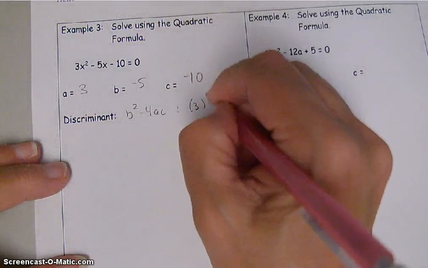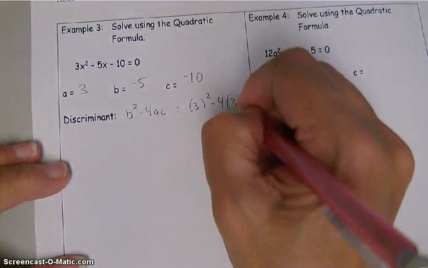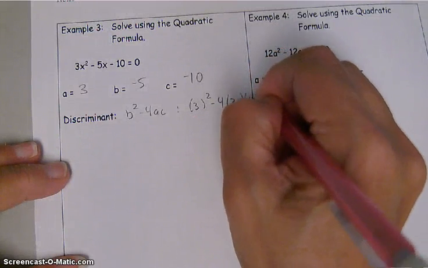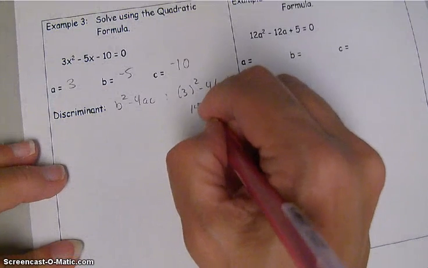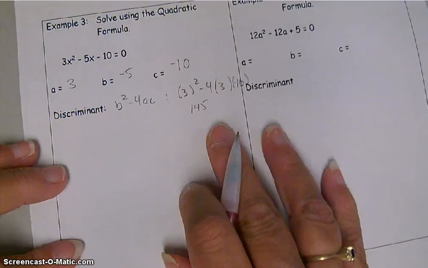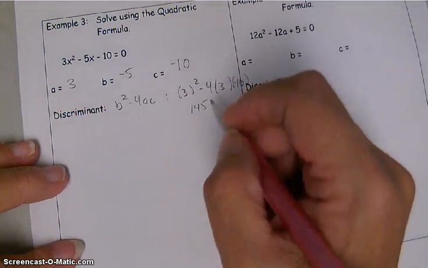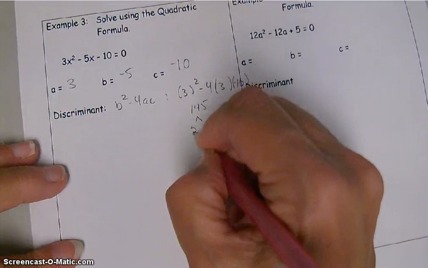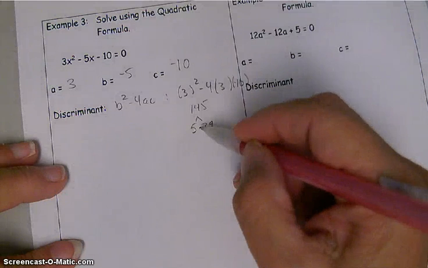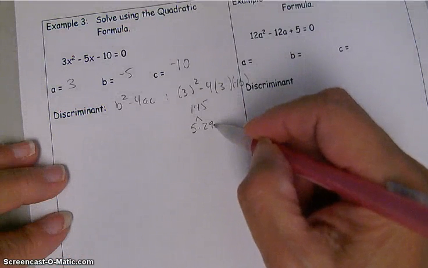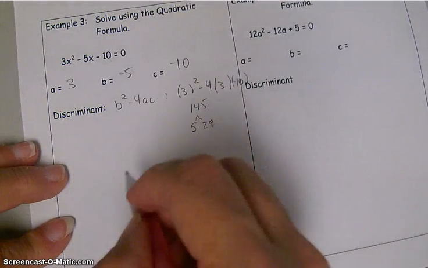So I have 3 squared minus 4 times 3 times -10, and that is equal to 145. 145 is not a perfect square, but I do some math. I divide it by 5 because it's divisible by 5, and I see that 5 times 29 gives me 145, but neither one of those are perfect squares, and they do not have any more factors. So I know 145 cannot be reduced.